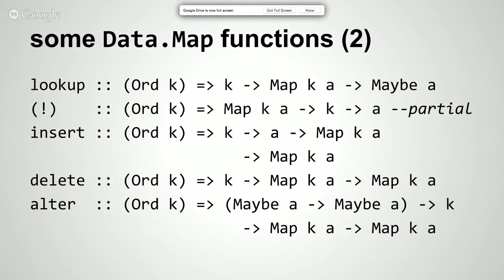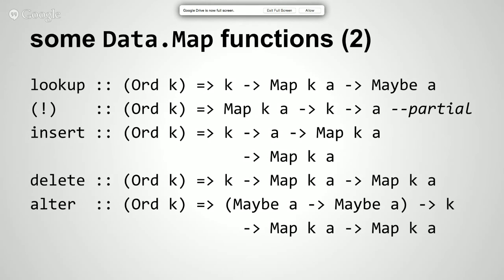We have lookup, which takes a K, that's your key, and the map, and returns Maybe A, because it's going to return Just V if there's a value V. It's going to return Nothing if it's not found. So nice. Better than throwing an exception. Exactly. I hate when dictionaries do that. It's one of my pet peeves. It's awful, and Haskell doesn't do that.